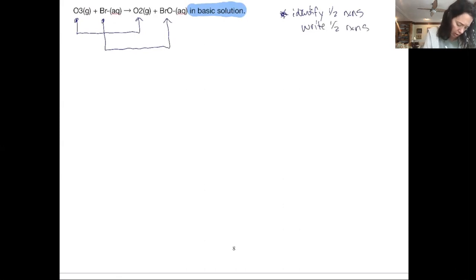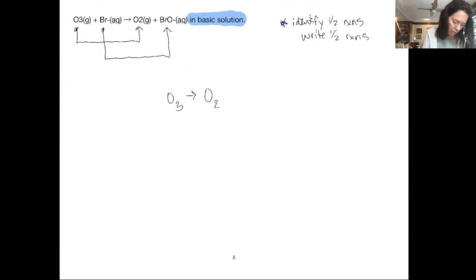Okay, so I've got O3 to O2. And let's go ahead and work on that one. Balance elements other than oxygen and hydrogen. Okay, well, there are none, so I don't need to do that.